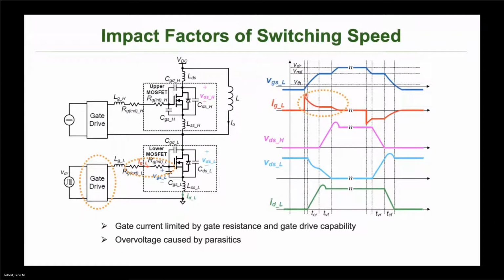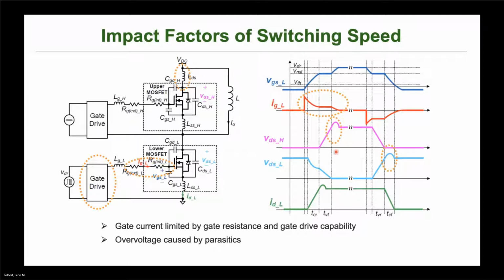So there's a limit on how much current we're able to drive because of these internal resistances. We really want to see if we can overcome that so that we can turn things on more quickly, hopefully.